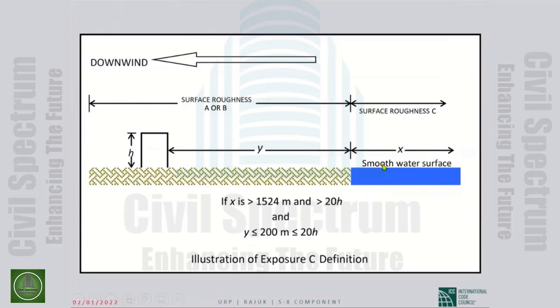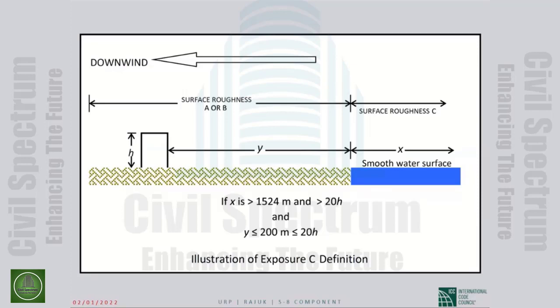So you can have exposure C only on, now ocean is excluded. Remember, the cyclone-prone region was excluded. So it has to be calm ocean.